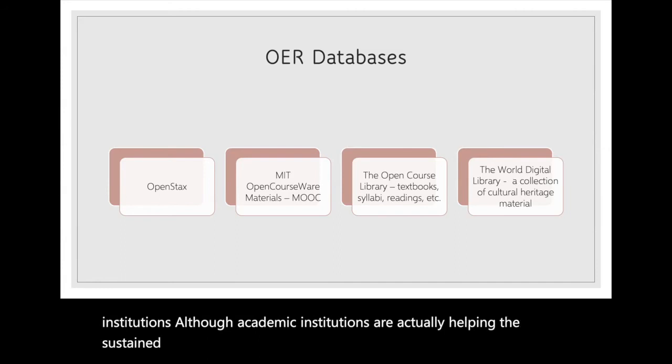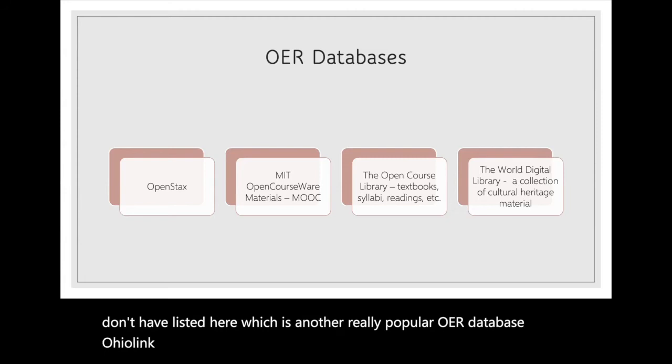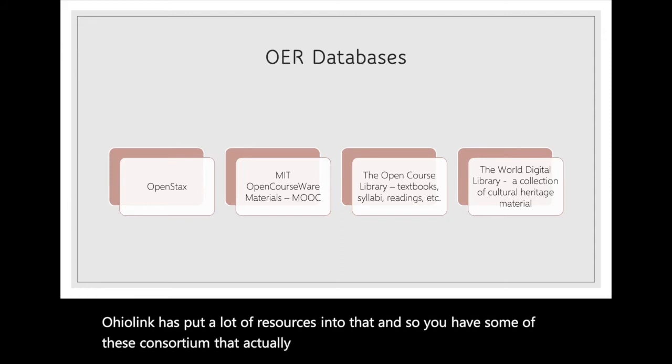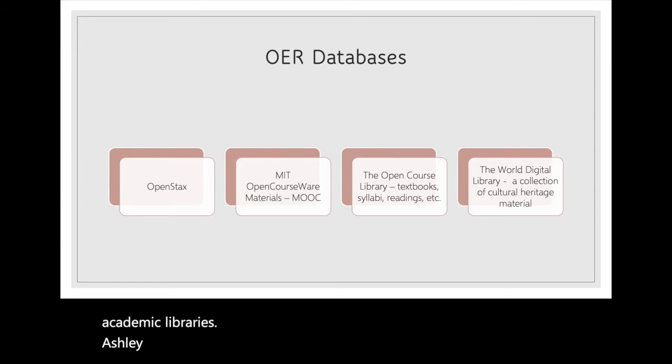So OhioLink has put a lot of resources into the Open Textbook Network, which I don't have listed here, another really popular OER database. Some consortia actually support this, and some academic libraries actually pay for membership so that these OER databases can be free.